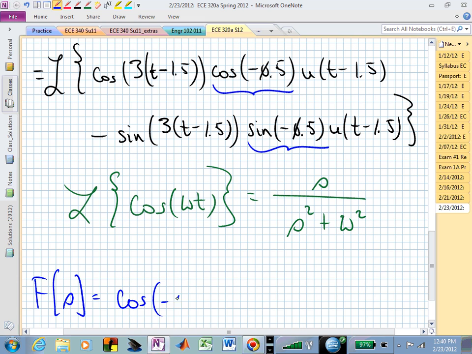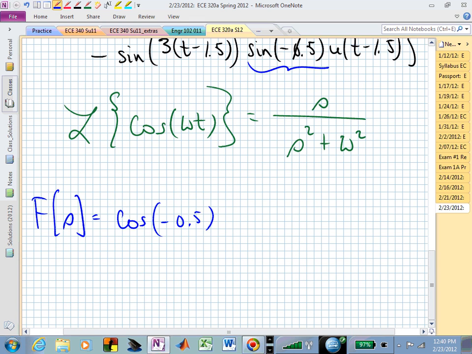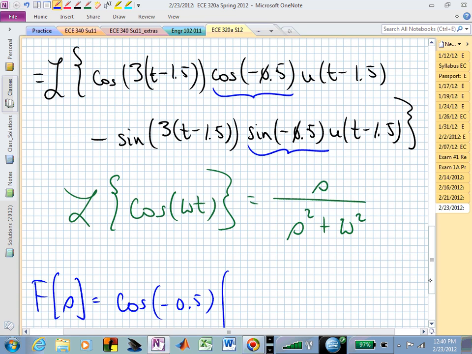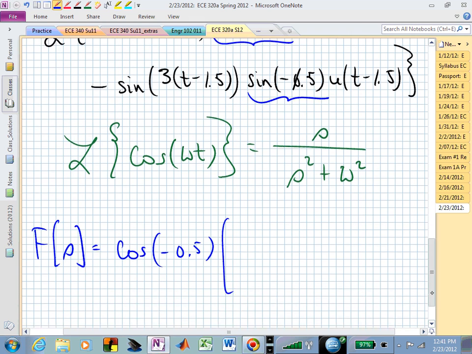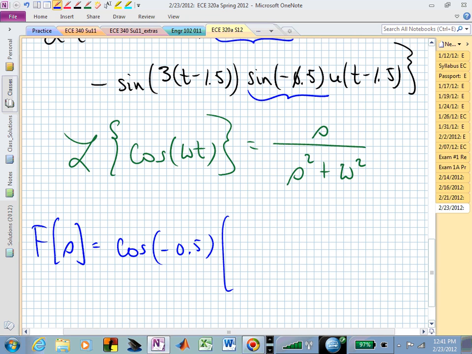In this case, we have cosine of minus 0.5 times the Laplace transform of that delayed cosine, but we can incorporate that delay by that factor scaling, which is the complex exponential scaling. This becomes s over s squared plus omega squared.